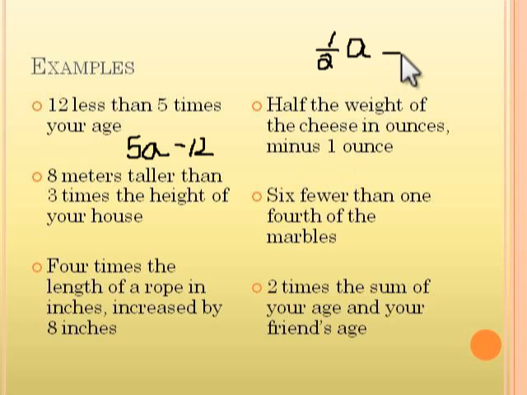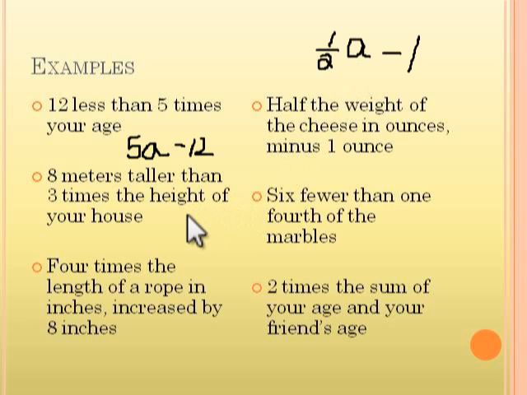So that's a given order. 1/2 A minus 1. That's my expression for half of the weight minus 1. You could have used any letter here. You could have used W for weight, O for ounces. You could have used Q just because you like it. It never gets used.